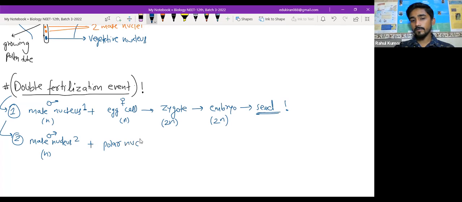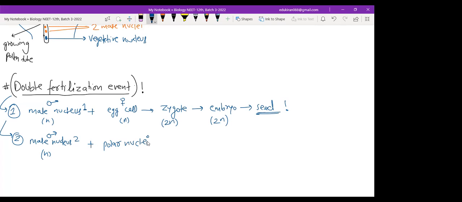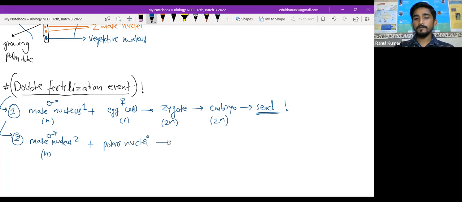Just write it today, we will discuss it tomorrow. Polar nuclei, and gives rise to endosperm. Now these two events are happening in the same embryo sac. That's why this event is called the double fertilization event.